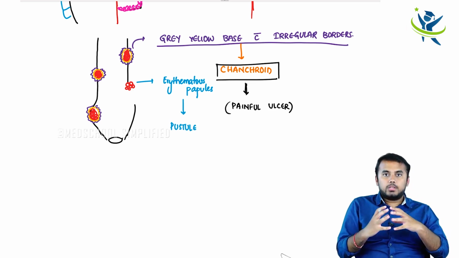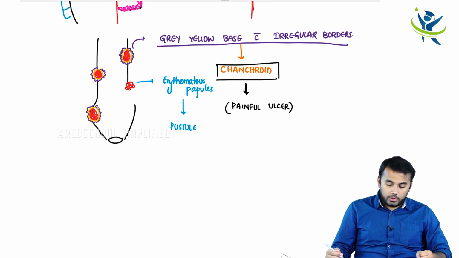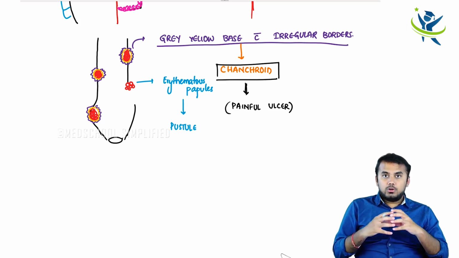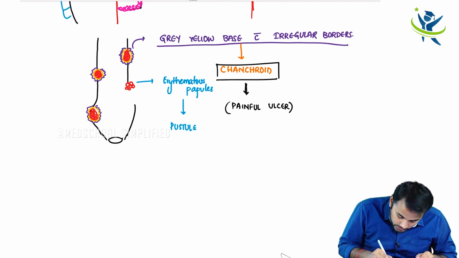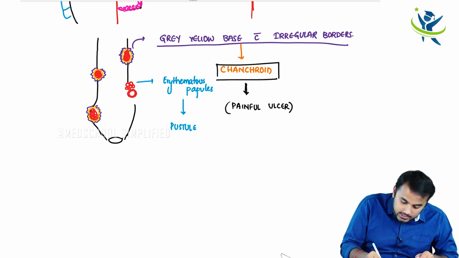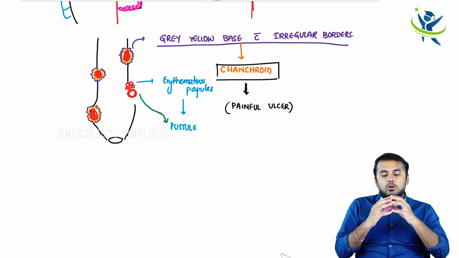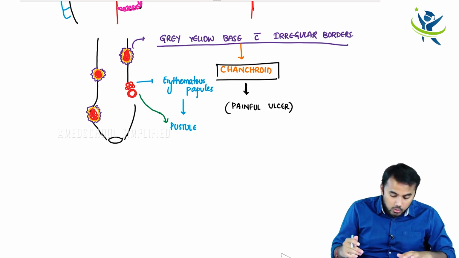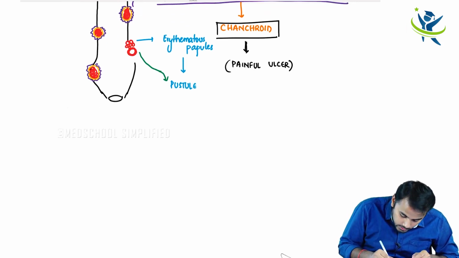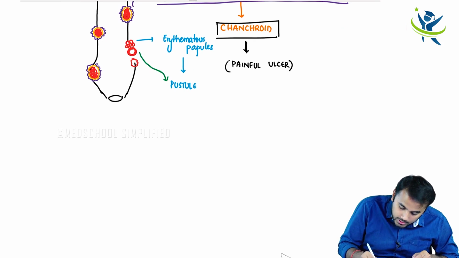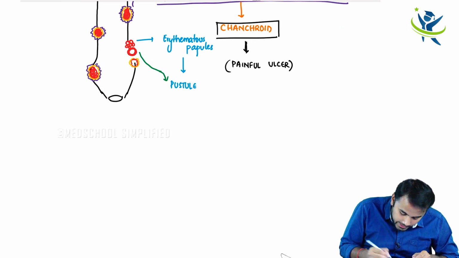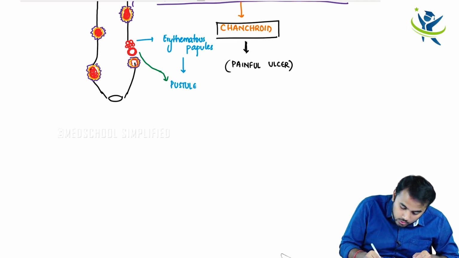If all these papules join together, you will find a pustule like this. The second picture I am showing you now is your pustule. And if this pustule grows big and finally bursts, how does the picture look now? This is the burst pustule, surrounded by some yellow material with irregular borders. So the pustule bursts and the result is chancroid.